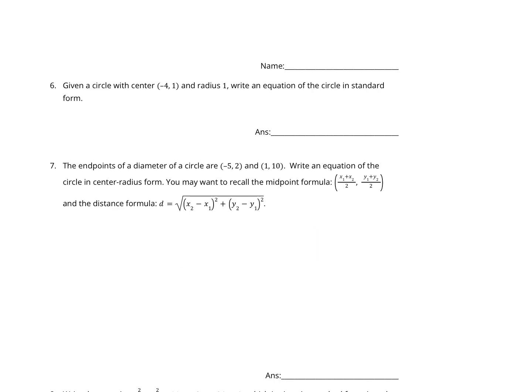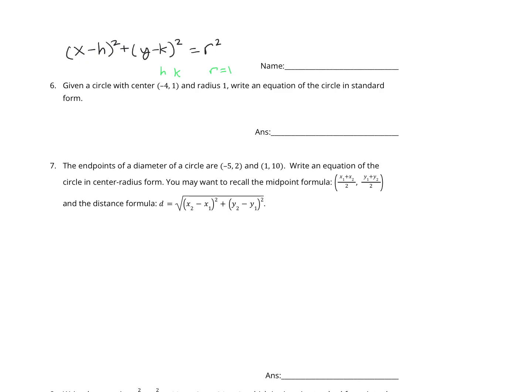All right, so once again, we'll write down our formula for the standard equation of a circle. And again, that formula is always (x minus h) squared plus (y minus k) squared equals r squared. So for this problem here, with a center given to us as (-4, 1), we know the h number is negative 4 and the k number is 1, and r is going to be equal to 1.